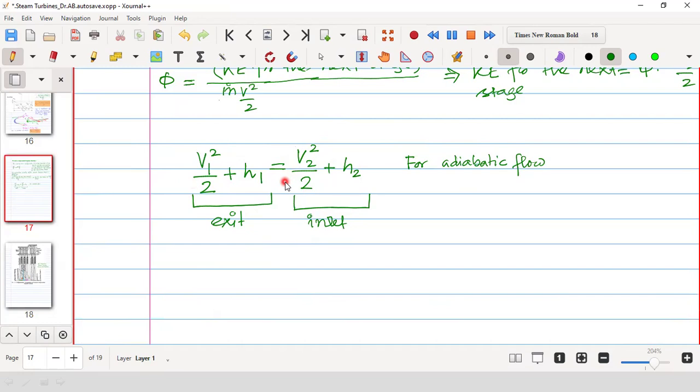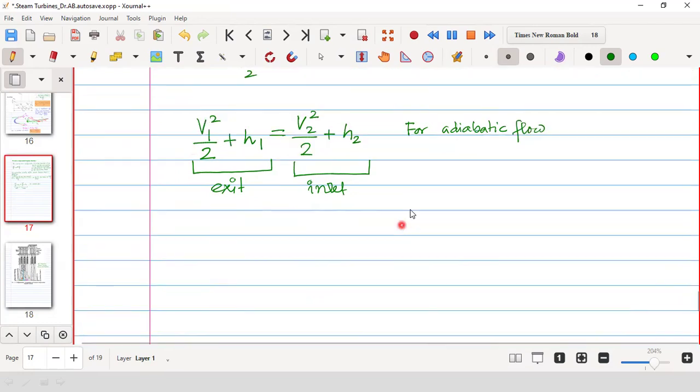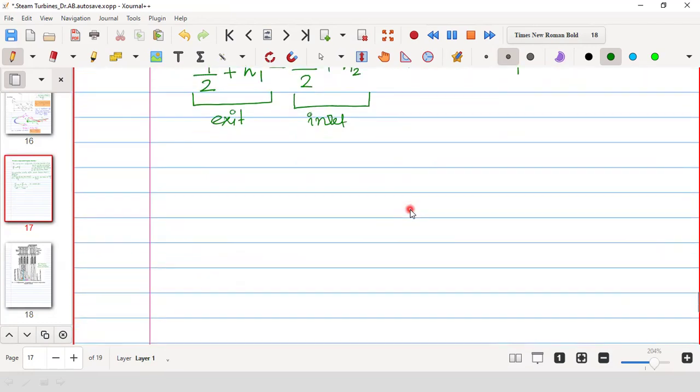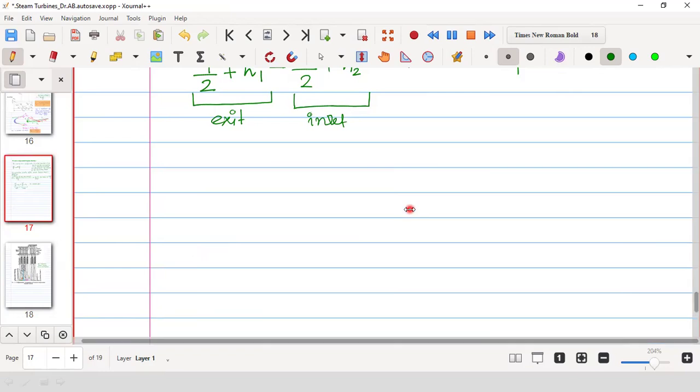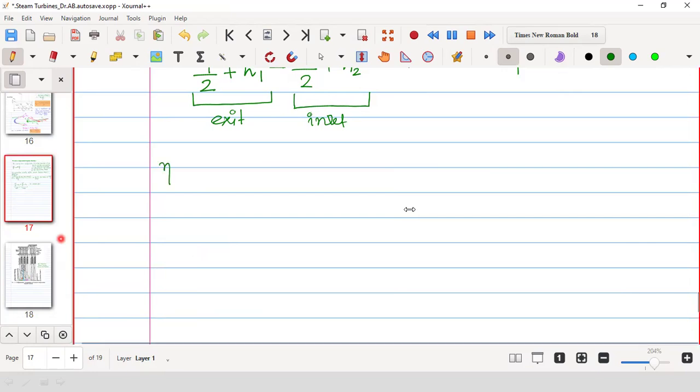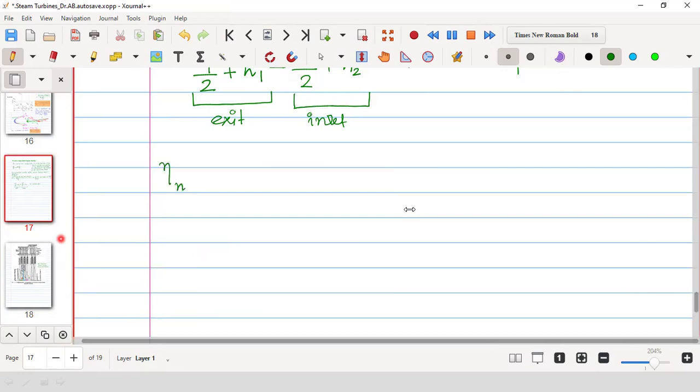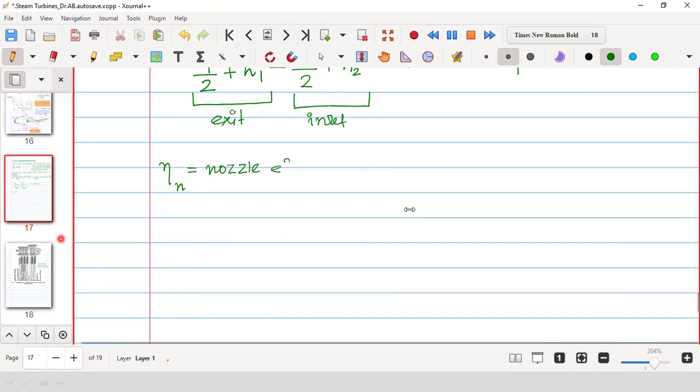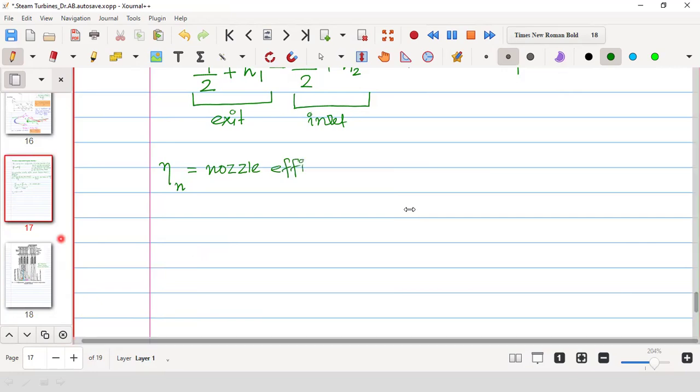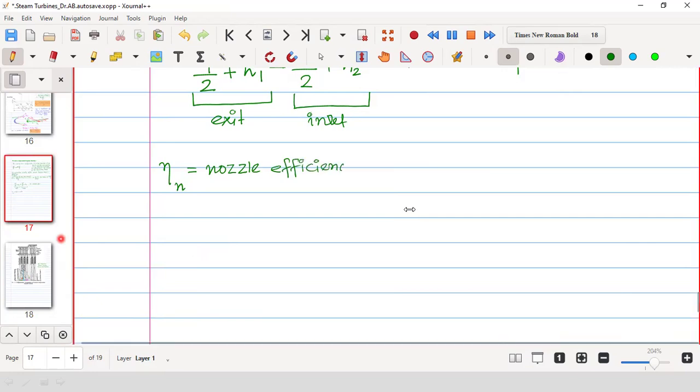Okay. Now another thing, nozzle efficiency is defined for this. So what is that nozzle efficiency?